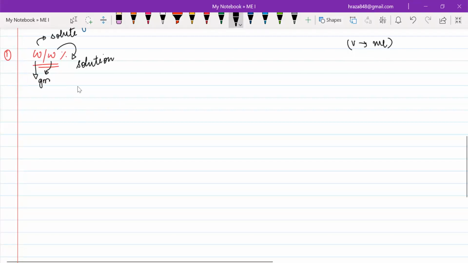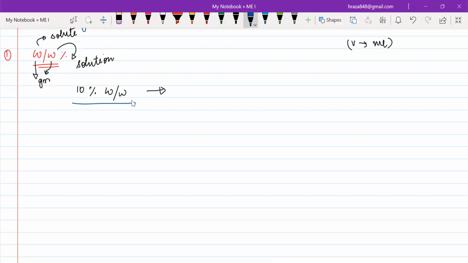Now, if it is given like 10% weight by weight, what does this mean? We can extract a whole sentence from these small words. 10% means you are going to take 10, and since it is W here, that's 10 gram of solute, present in percent, which means 100, and in the denominator W is weight.